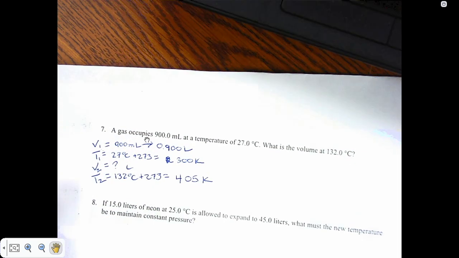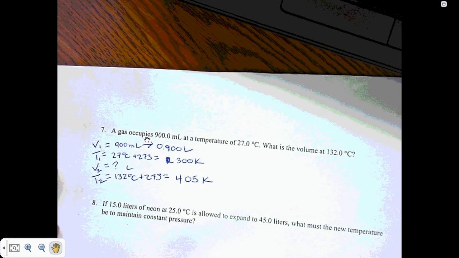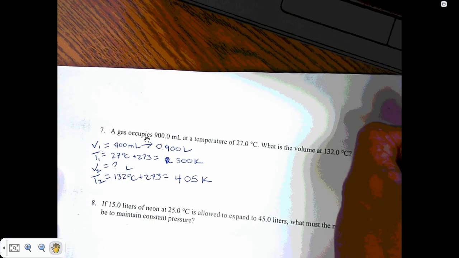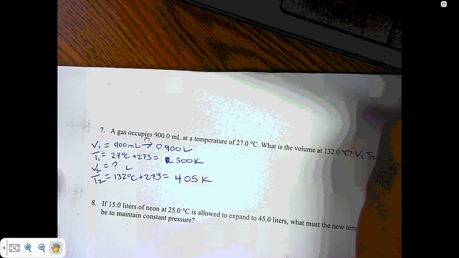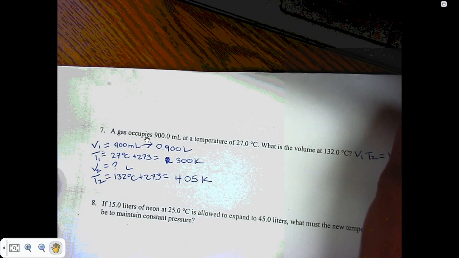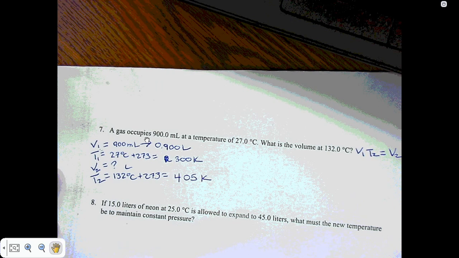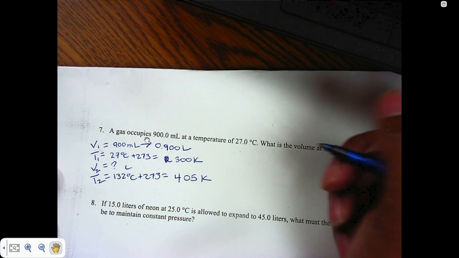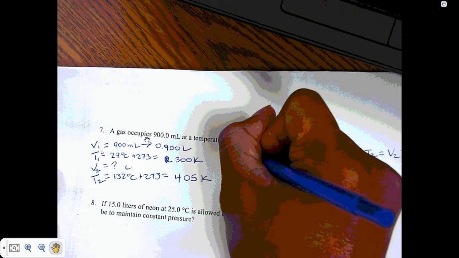So now let's go ahead and plug these in and solve for V2, shall we? Actually, let's back up. Let's recall that V1 T2 is equal to V2 T1. And so let's go ahead and solve this correctly. We'll place our value of V1 in place.